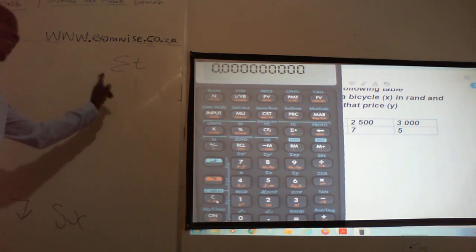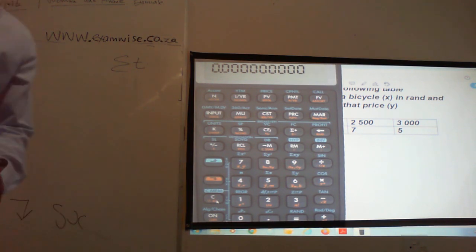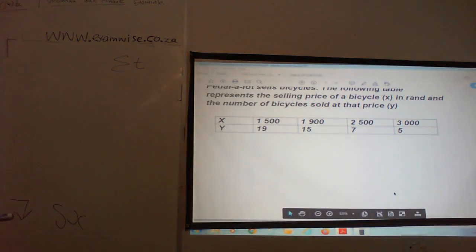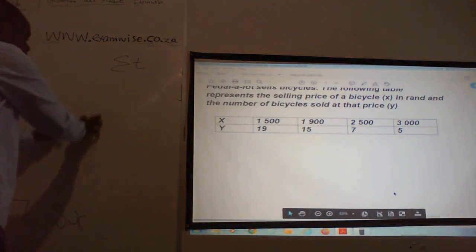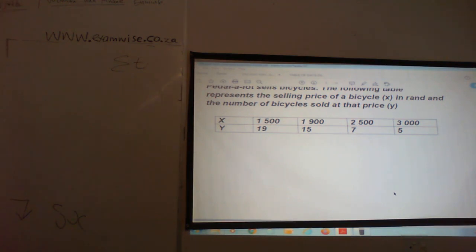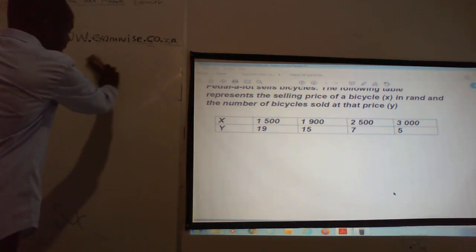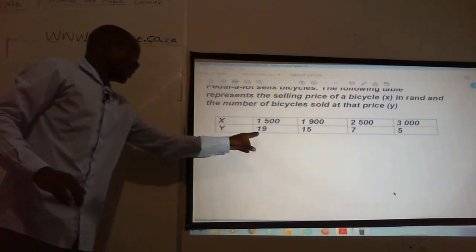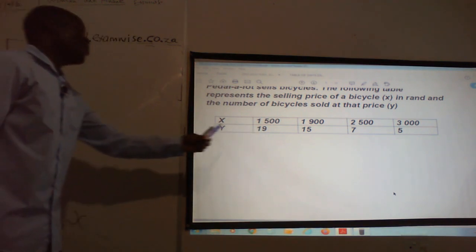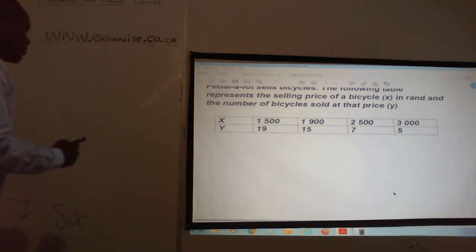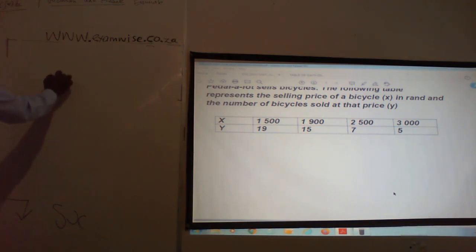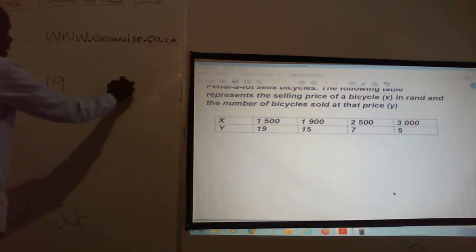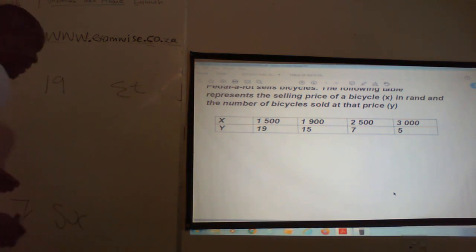You might be wondering, how do we use our summation? Let me show you practically. The first thing is to have our variables on board before we touch our financial calculator. Since we are focusing on the number of bicycles sold, we are dealing with our Y. We start with the first variable, which is 19. Here we say 19, and then we press summation.